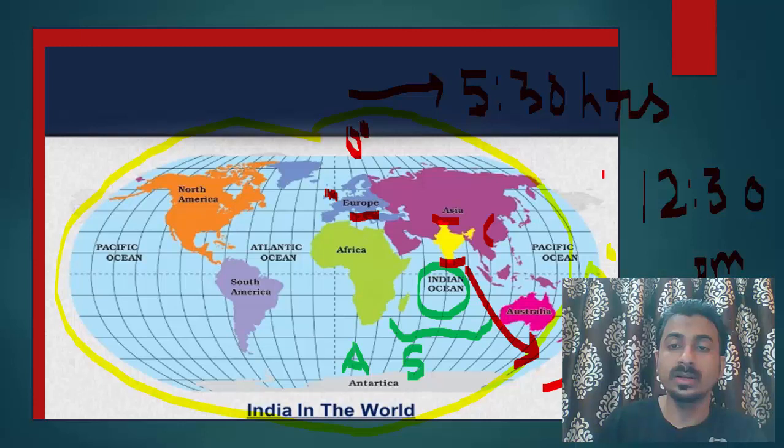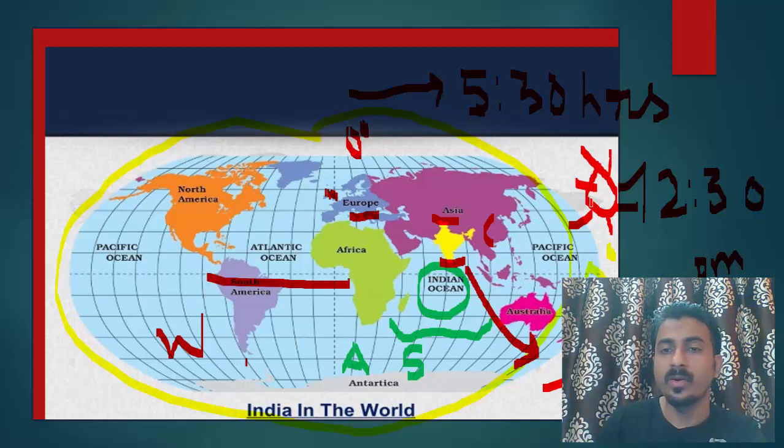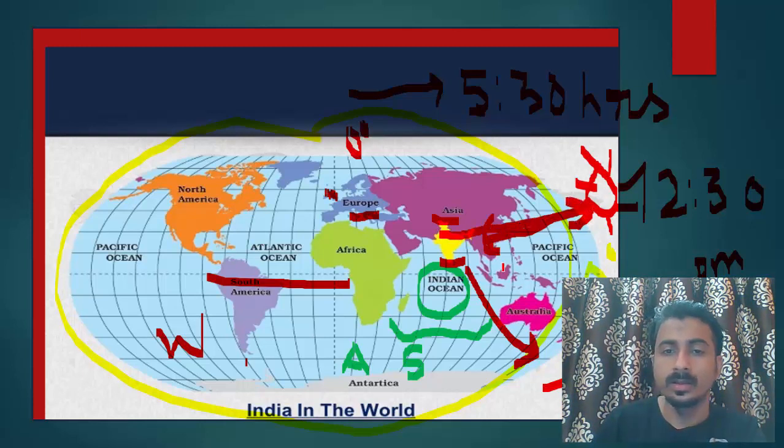Now in summer sun comes back here. And now we have winters in southern hemisphere below this equator. Why? Because sun is far away from there, but sun is near to us now. So what happens? We have summers, and sun is nearer to northern India and a bit farther from southern India.